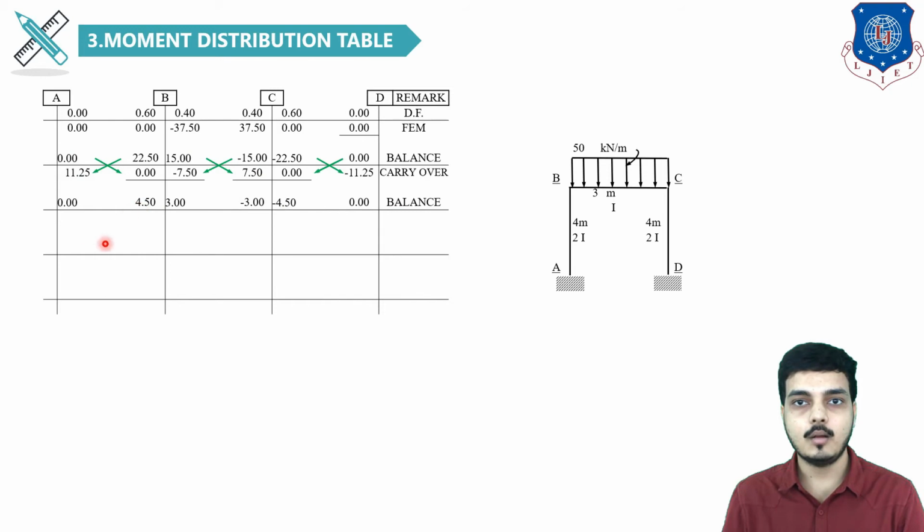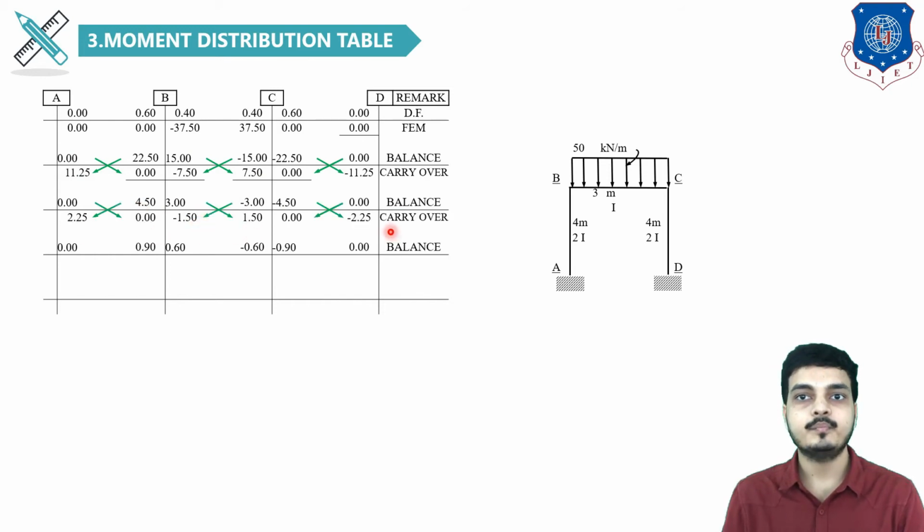We have to transfer moment. Half of 4.5 is 2.25, half of 3 is 1.5, so we did this in this row. Now again we balance this: algebraic sum, multiply by this, and I get these two values.